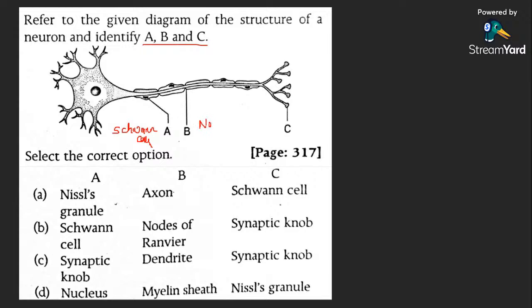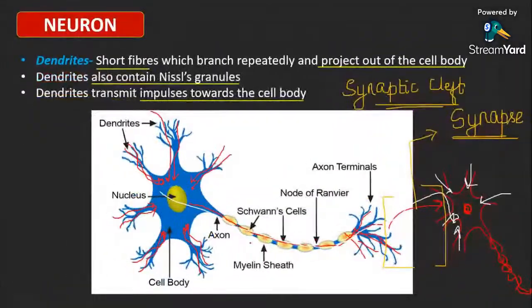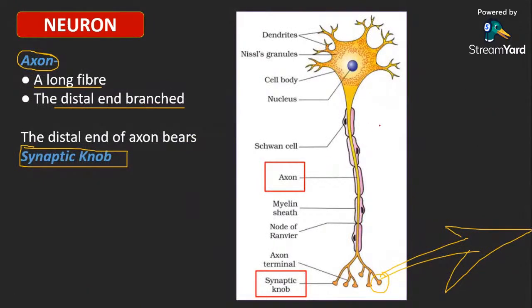So you'll call them nodes of Ranvier. And what is C? C is actually the synaptic knob. So A is a Schwann cell, B is nodes of Ranvier, and C is a synaptic knob. So your right answer is option number B. Look, the diagram has been labeled: Schwann cell, node of Ranvier, synaptic knob. Three labelings.